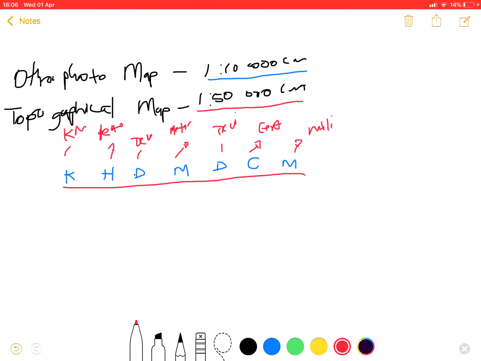All right. So the scales that are given to us are 1:10,000 and 1:50,000.